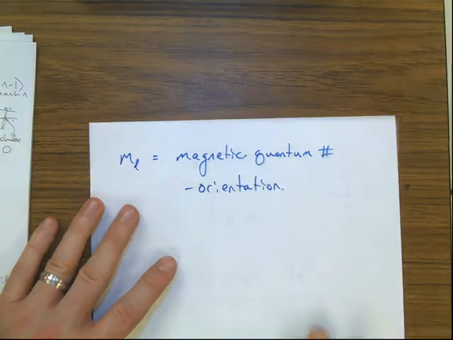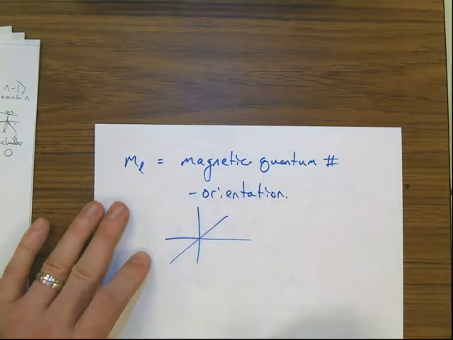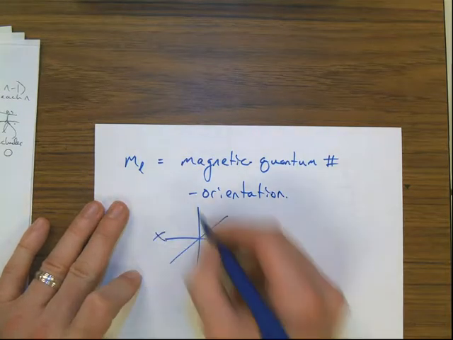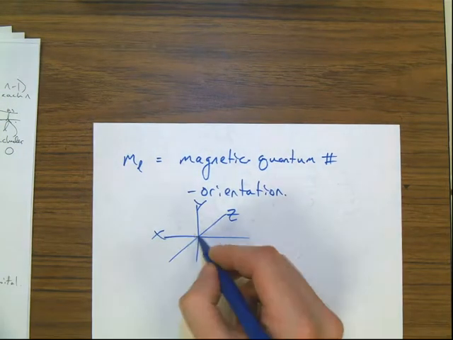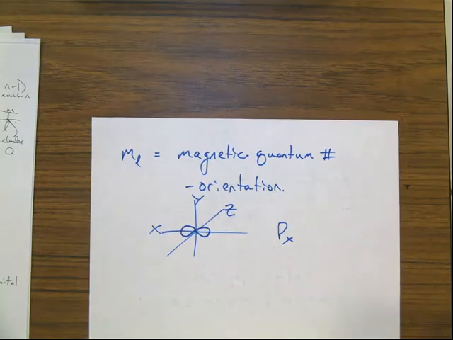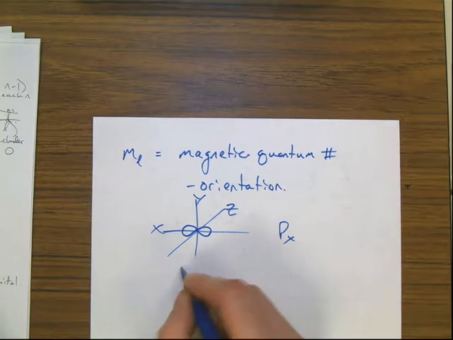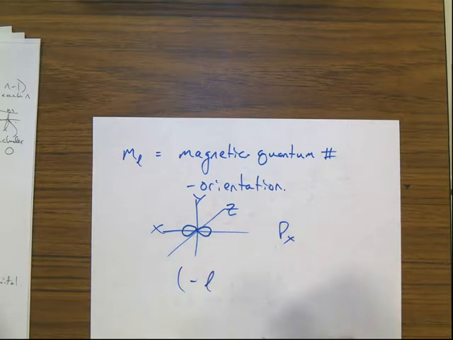Don't forget, there is a center to an atom, and there are 3 axes, x, y, and z. So if I had a p orbital along the x-axis, I would be p sub x. The magnetic quantum number allows you to predict the different orientations. The numbers work like this: the magnetic quantum numbers go from negative L to L.